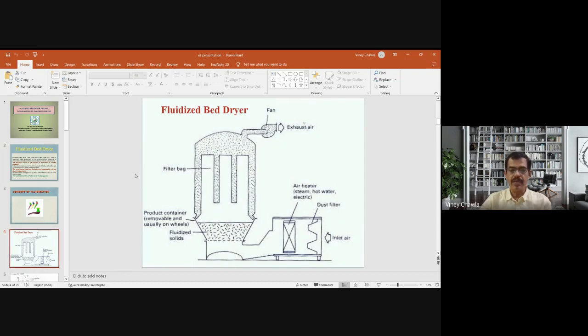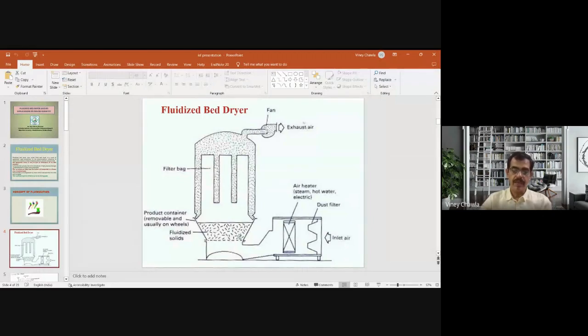Here I present a diagram of a vertical fluidized bed dryer. As you can see, there is a perforated bottom, and in this the solids are fluidized; when there is no fluidization, it is a perforated bed.